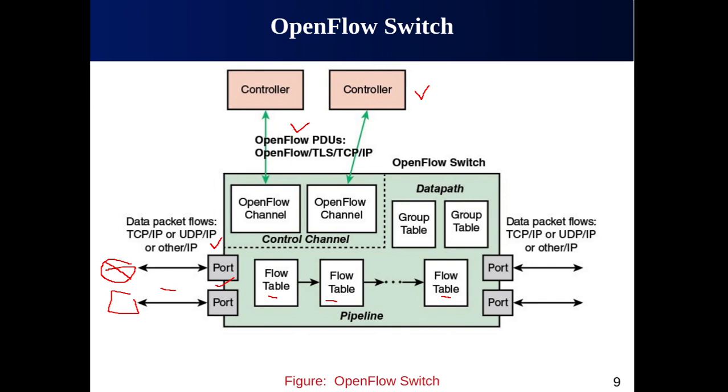Besides the flow table, we also have group tables. A flow table may direct a flow to a group table, which may trigger a variety of actions that affect one or more flows. So you can assign different flows to a group. That is the main concept.